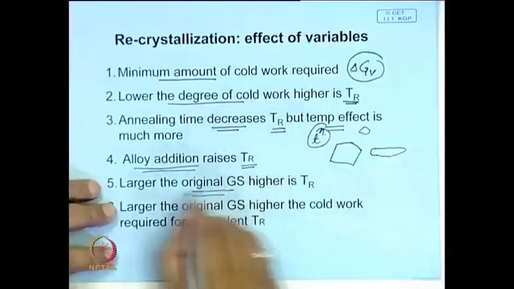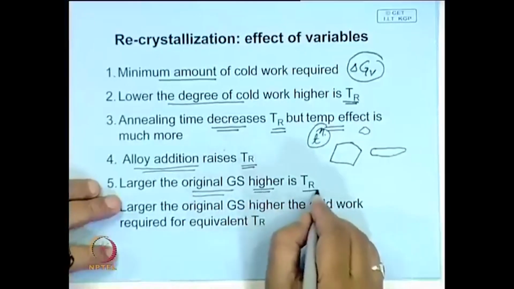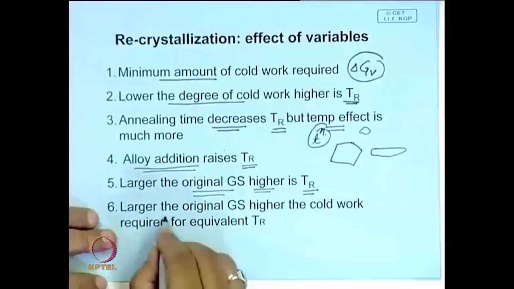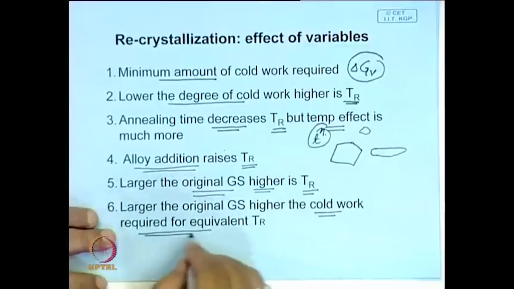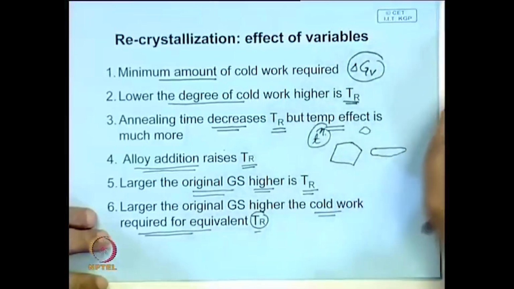So if the original grain size is higher, then the recrystallization temperature is also high, and with larger original grain size, higher cold work is required to get recrystallization at the same recrystallization temperature.